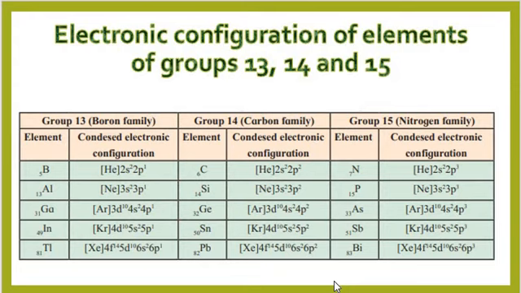Carbon exists in different forms, like one of the forms is fullerene, which has 60 atoms, so we can say C60 is the molecule of fullerene, and there are so many other forms we see for the group 13, 14 and 15 elements.